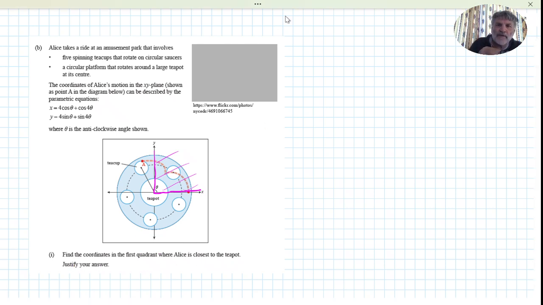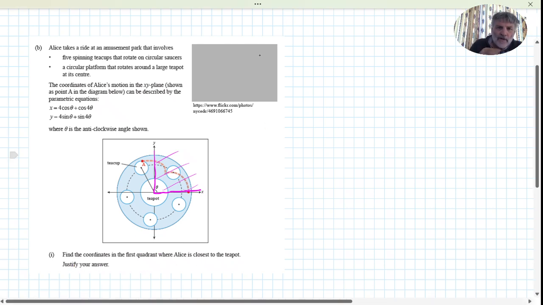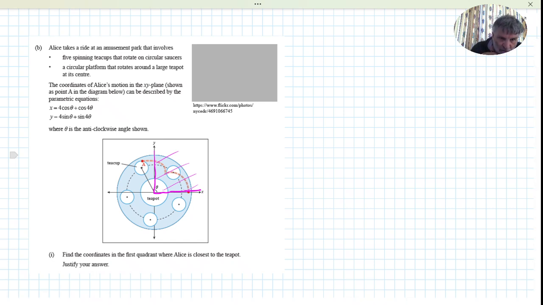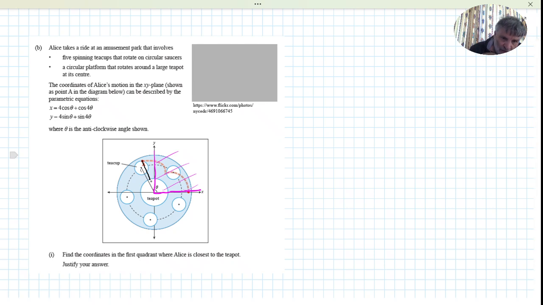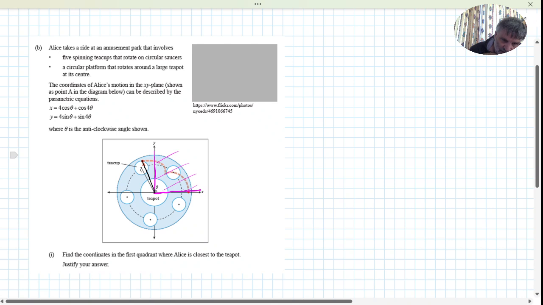Justify your answer. So closest, this is the distance. Well, we've got one outside the quadrant, but this is Alice, and her distance to the teapot is here.